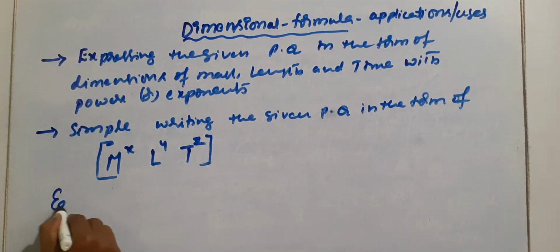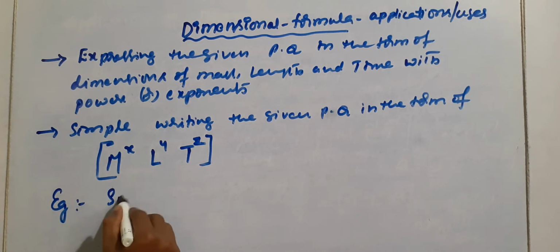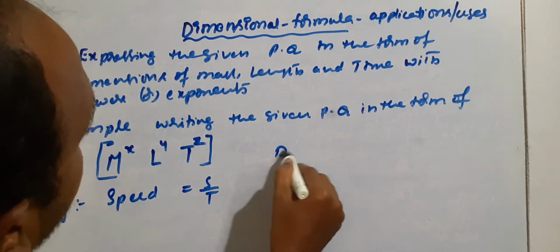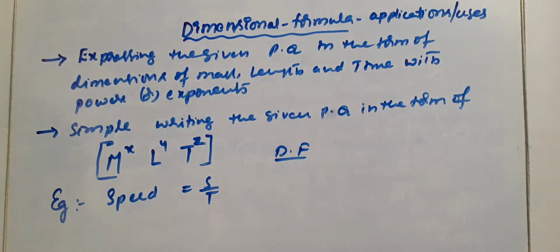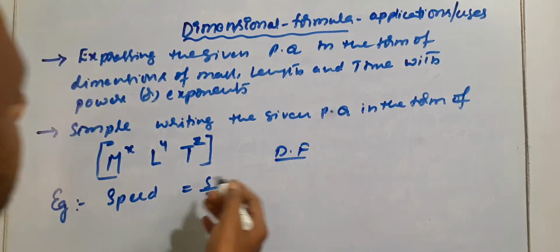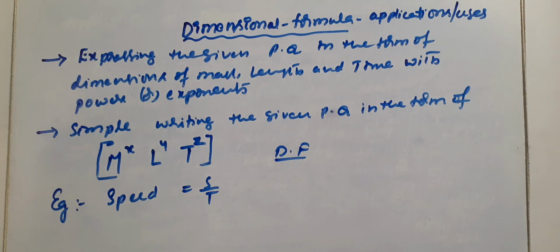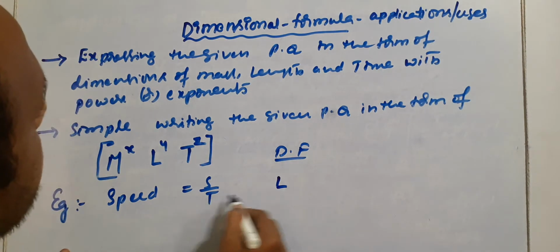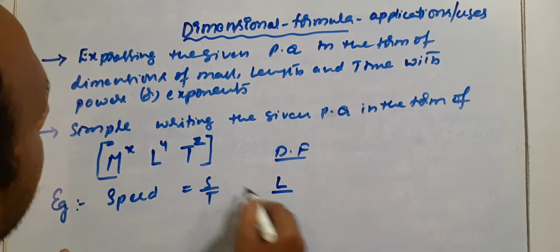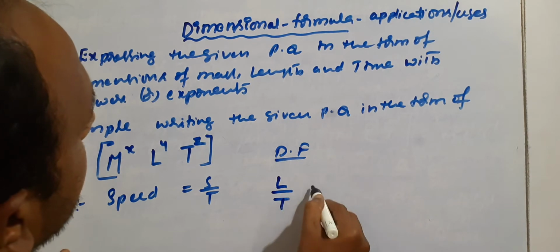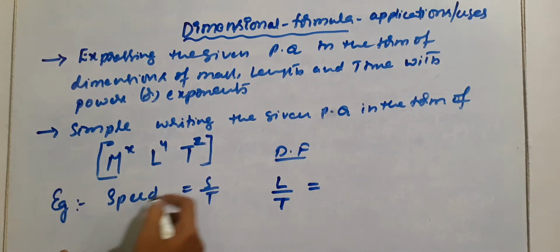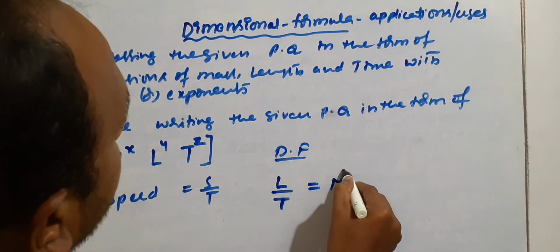For example, we are taking speed. You know, speed is given by distance by time. Then dimensional formula for speed, students. Distance is nothing but length of the path, which means the dimension of distance is L, and time dimension is T. But in speed there is no dimension of mass, so we write M power 0.